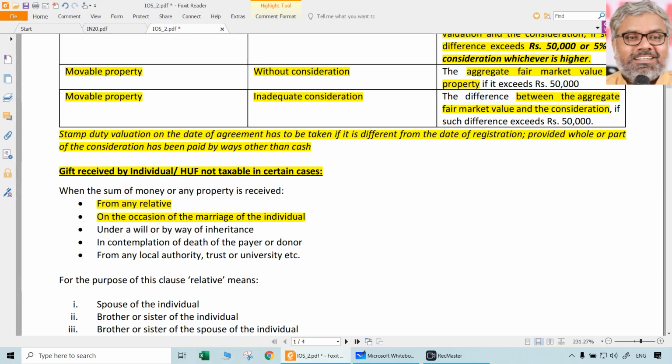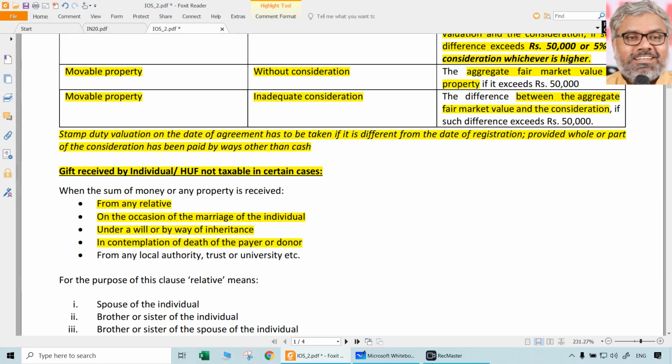And any property received under a will or by way of inheritance is also not taxable in the hands of the recipient. Same way, property which was actually given by the payer or donor in contemplation of the death of the payer or donor.